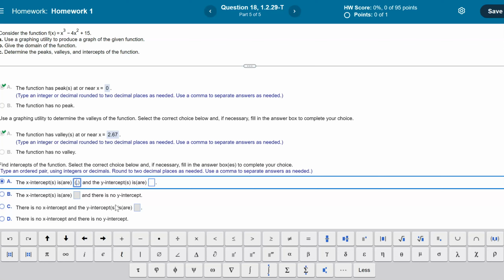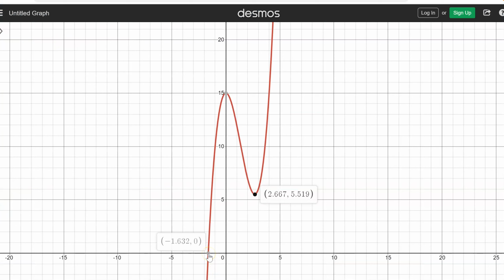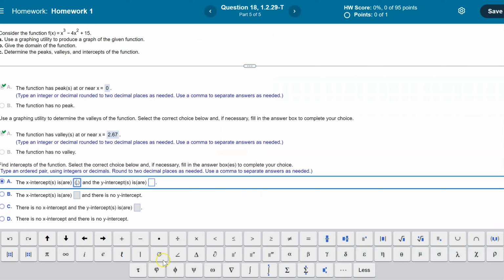What I like to do is put in the parentheses and the comma so I don't forget them when I'm doing my decimals. And I'm just going to go back and get that number for the x-intercept, negative 1.63, comma 0. And for the y-intercept, that was 0, 15.